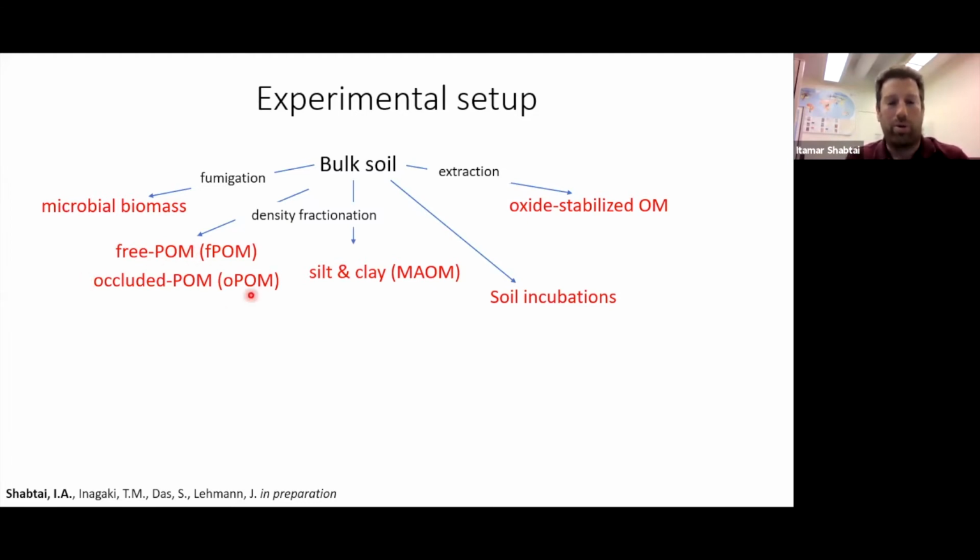The occluded POM is the POM that is occluded inside aggregates. And we can also isolate the silt and clay heavy mineral fraction and the mineral-associated organic matter, MAOM, associated with that fraction. We extracted soil oxides and hydroxides with a sequential extraction scheme, and we measured the concentrations of aluminum, iron, and carbon that are stored inside each of these oxide pools.